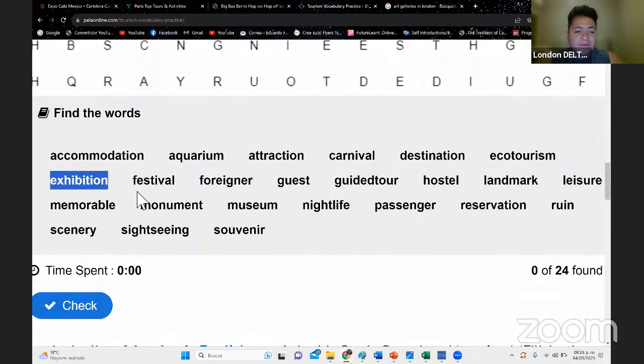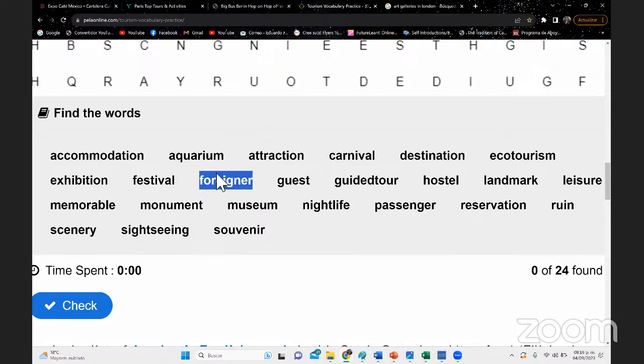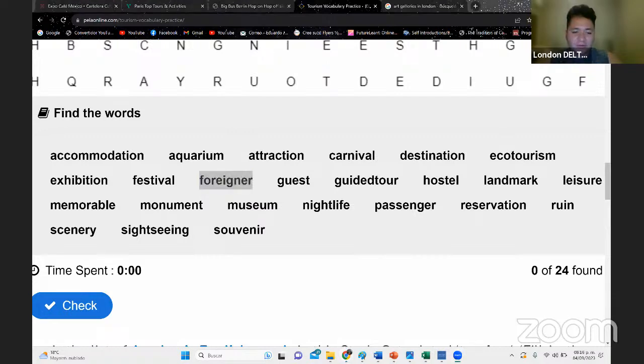Okay, we have festival, foreigner. What is foreigner, guys? What is the meaning of foreigner? Would anyone tell me? I don't know, teacher. Okay, very well. So foreign is the adjective, foreign country, un país extranjero.